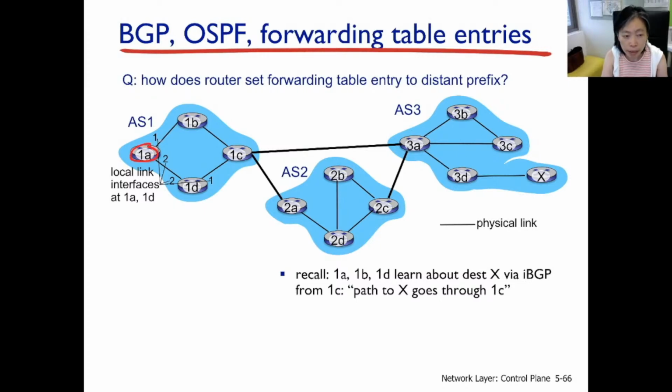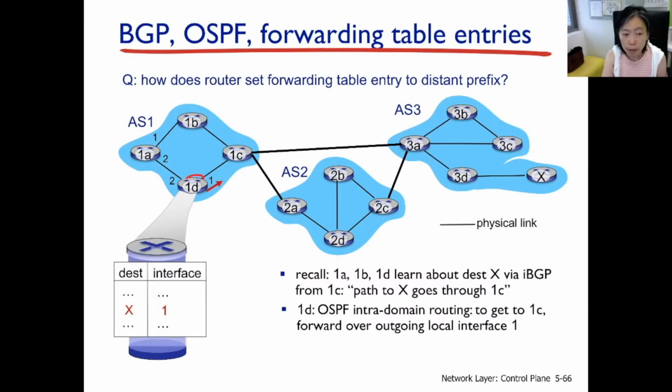For 1A, if the packet goes out on this interface, we call that interface 1, and for packets going out on this other interface, let's call it 2. Similarly for 1D, this is interface 1, this is interface 2. Now 1D has discovered there is a path to destination X going through 1C. That is what 1D knows so far.